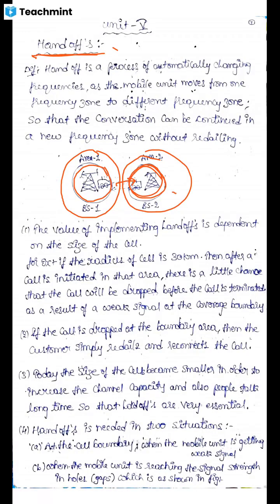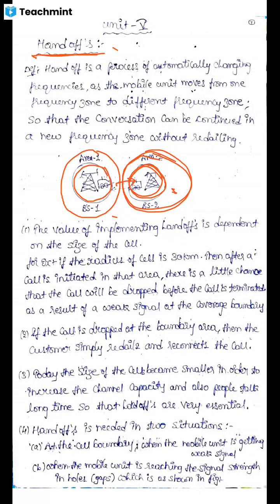It means when the mobile unit is moving from one frequency zone to another frequency zone, the conversation should be continued in this new frequency zone without redialing or disconnecting the call. This is the definition of handoff.